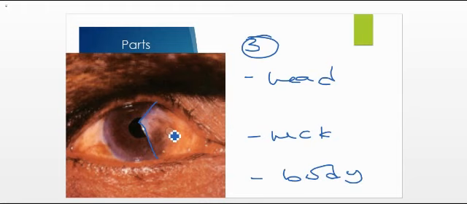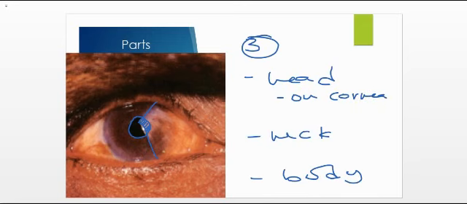You can't appreciate whether it's unilateral or bilateral in this picture, and there is no Stocker's line. Now the head: if I'm drawing a conjunctiva and a complete cornea, whatever I'm shading here is your head. Anything on the cornea is your head.